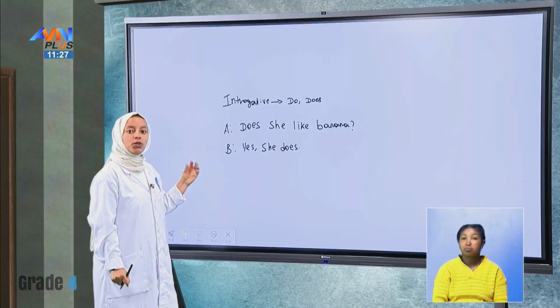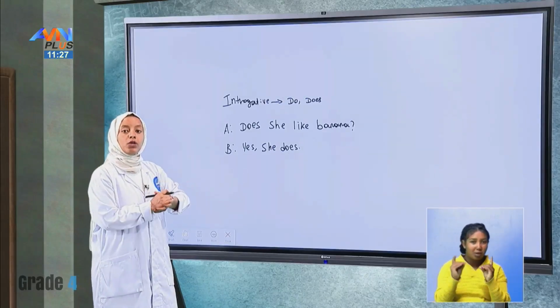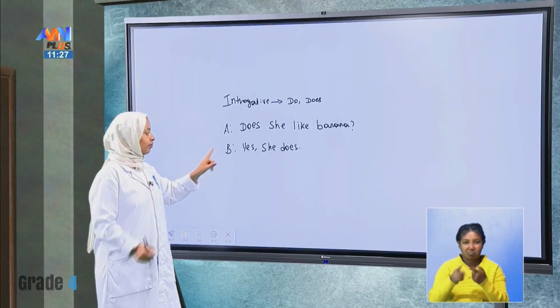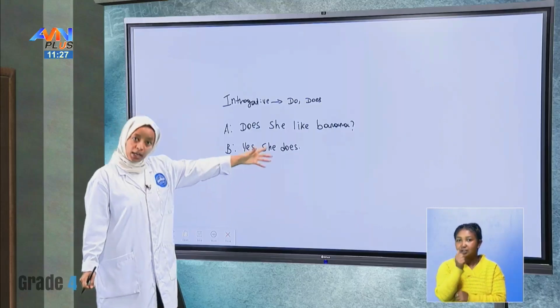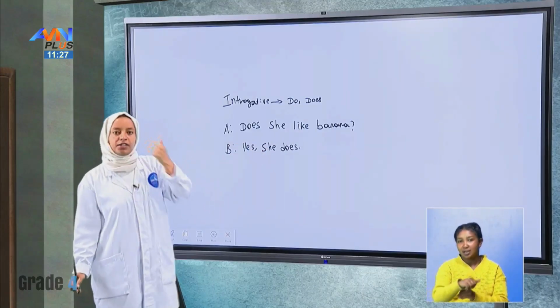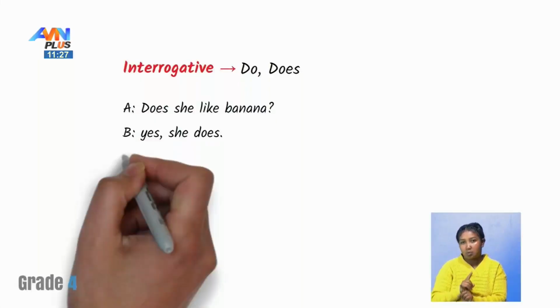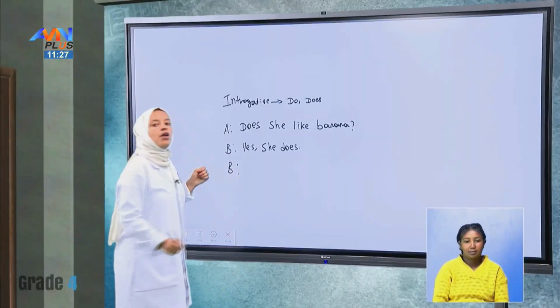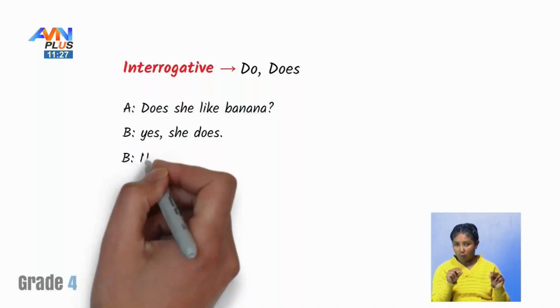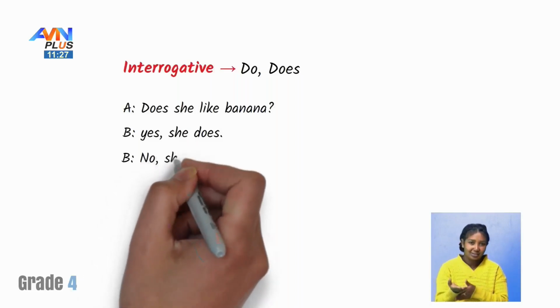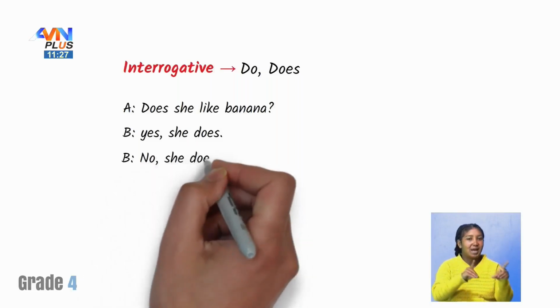It's become dialogue. You can practice with your friends and with your siblings too. Yes, she does. And let us make it negative here. And the student B maybe also say what? No. And next, comma, she doesn't.